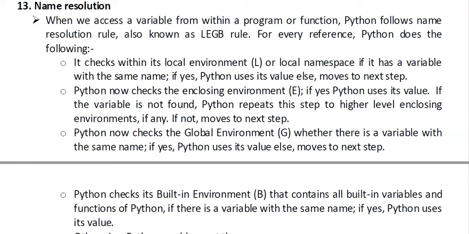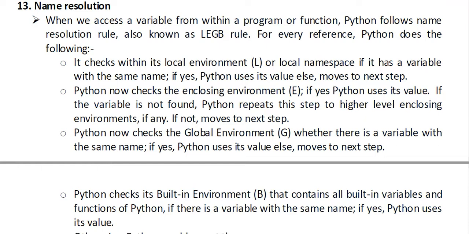L means local environment, E means enclosing environment, G means global environment, and B means built-in environment. Suppose you have a statement print x. The Python interpreter will check for the availability of the name x. Where will it check? First L, then E, then G, then B.